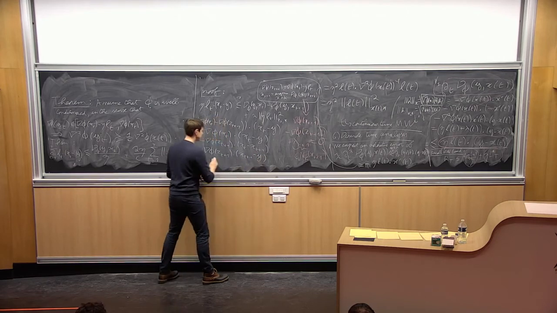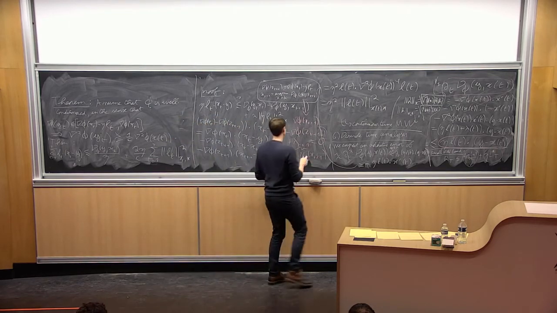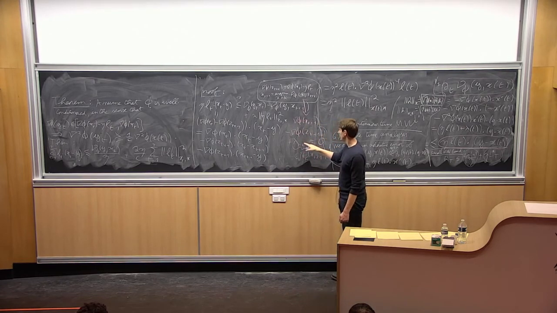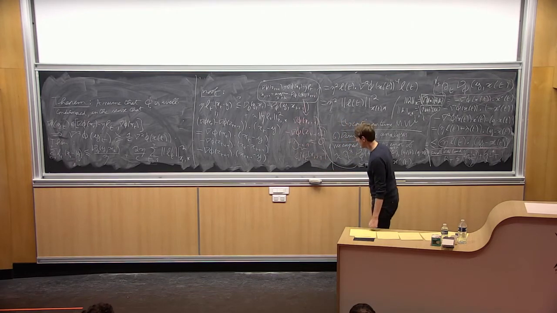Now, we did this exactly so that we can see this term. So this term, again, what do we know about it? We know that when I take the inner product of lambda_{t+1} with x_{t+1} minus y, I find something negative.